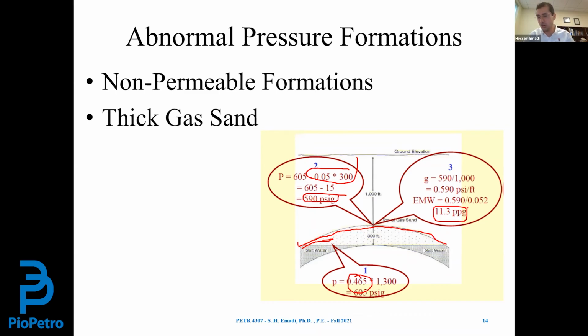Initially you're 100 psi underbalanced, but when the gas enters and expands, suddenly you go to 200, 300, 400. The more underbalanced you go, the more formation fluid can enter the wellbore, and gas migrates much faster than oil and brine. So you have less time.